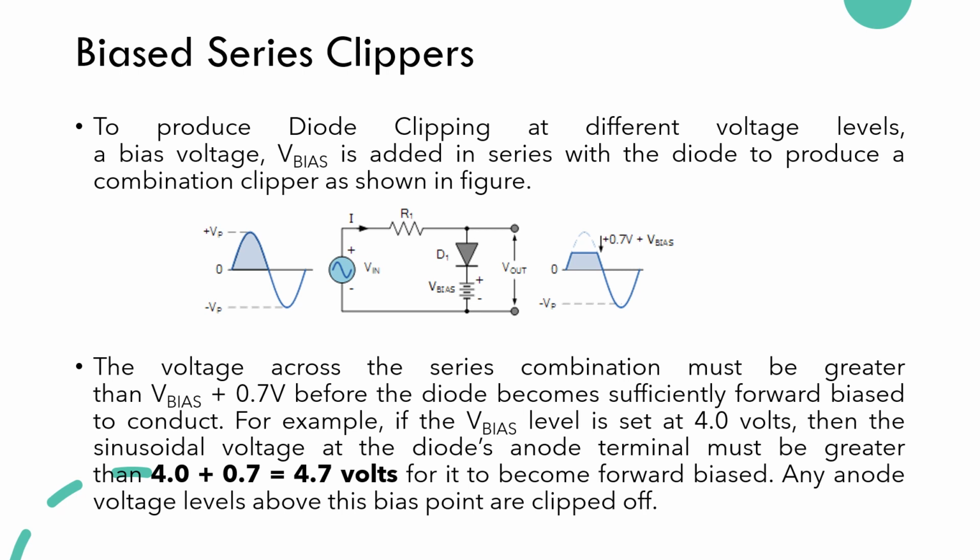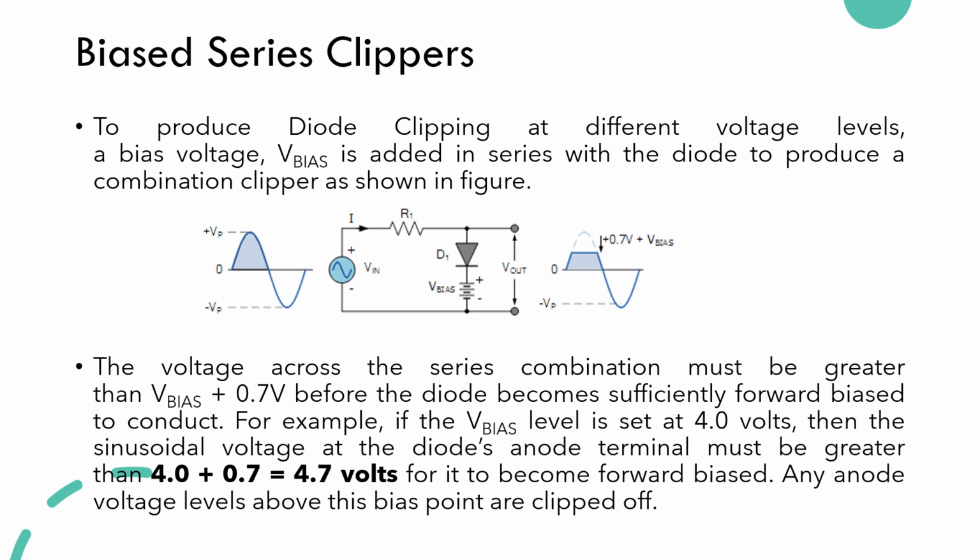The voltage across the series combination, meaning V bias plus the diode voltage, must be greater than V bias plus 0.7 volt in the case of silicon, or V bias plus 0.3 volt in the case of germanium. In this case we use a silicon diode, so V bias plus 0.7 volt. This is the series combination before the diode becomes sufficiently forward biased to conduct.